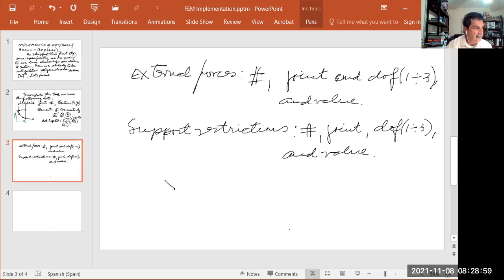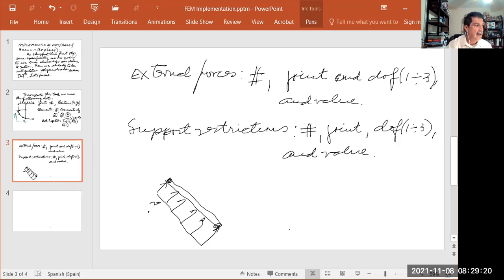Okay, let's suppose that we have, for example, in the bottom of the ship, this element like this. Okay, that's our element. And we have, this is the load.